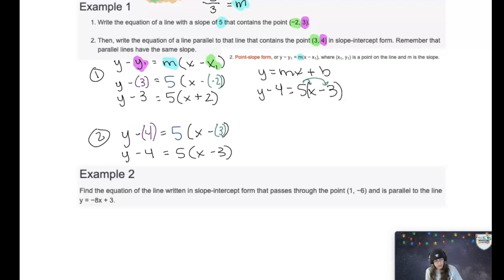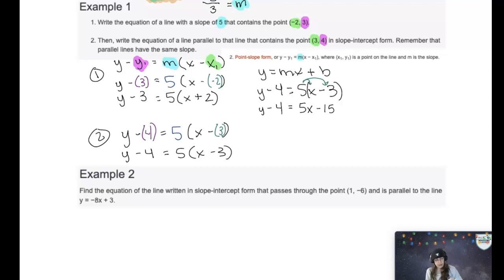So now we're going to leave this alone for a minute because we're trying to isolate the y, right? Because to get y equals mx plus b, you got to have your y by yourself. So you've got 5x minus 15 because that's 5 times x and 5 times negative 3.